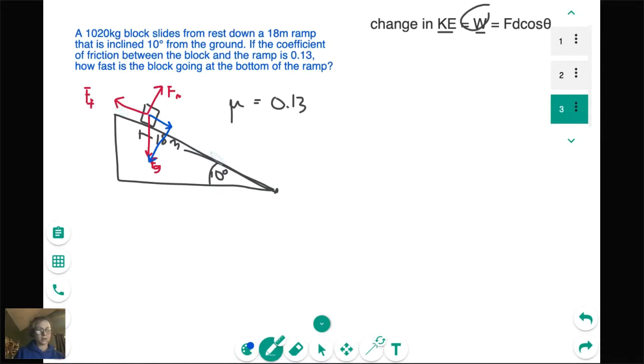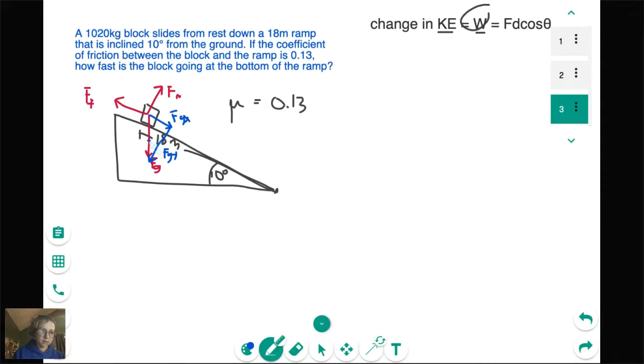Okay, so we're going to say x is parallel to the ramp, y is perpendicular to the ramp, which means I can label this guy, the parallel component, as FGX, and the perpendicular component as FGY. And this should be familiar by this point, right? You should have done plenty of problems with this general setup.